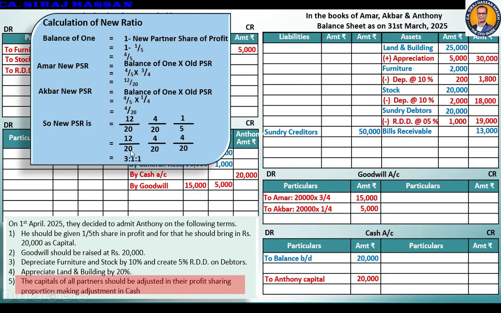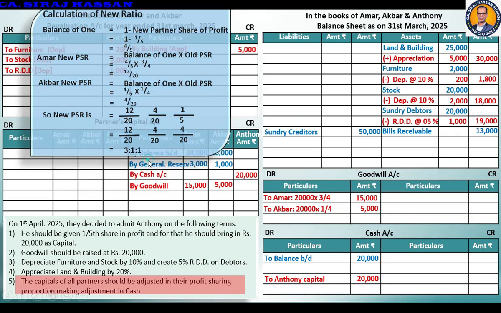So we got 12 upon 20, 4 upon 20 and 4 upon 20. That means, for every 20 rupees of profit, 4 rupees will be given to Anthony, 4 rupees will be given to Akbar, and 12 rupees will be given to Amar. So we divide this by 4. 4 ones are 4, 4 ones are 4, 4 threes are 12. So the new profit sharing ratio is 3:1:1.